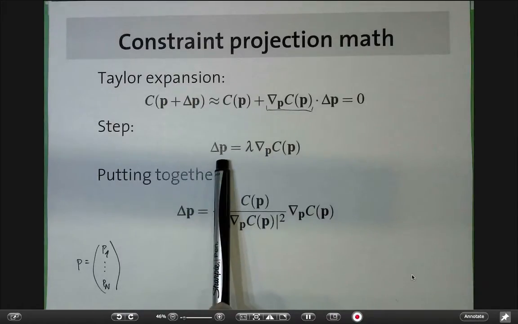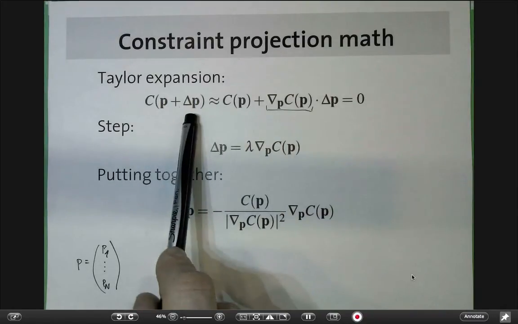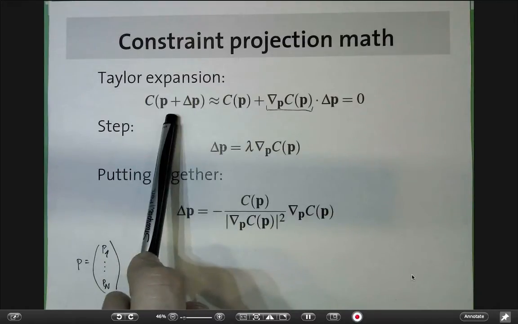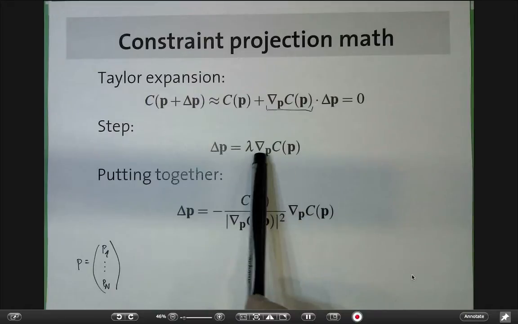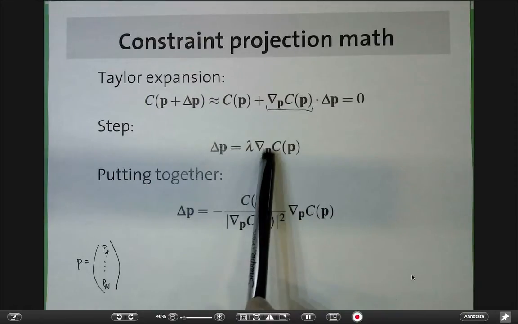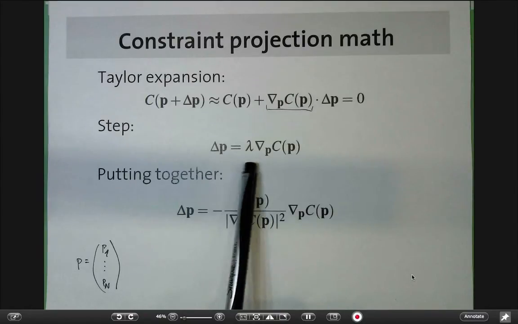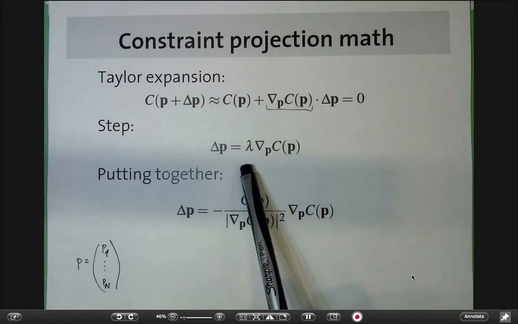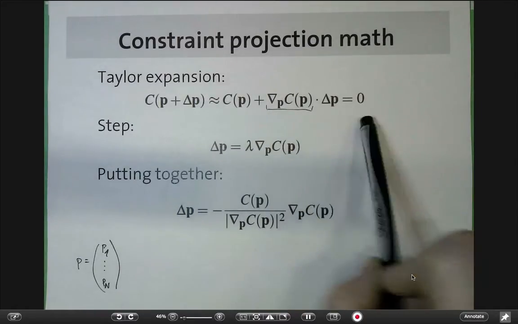And this is basically just gradient descent. So we want to choose the delta P such that the C(P plus delta P) gets the constraint closer to 0. So the way we do it, we go in the direction of the gradient at the current state, and we march by some length lambda. That's the step size. So we can directly compute what the lambda should be so that this equation is satisfied.